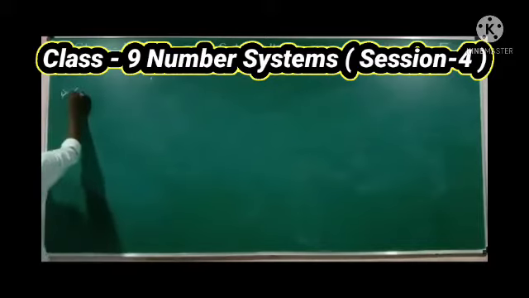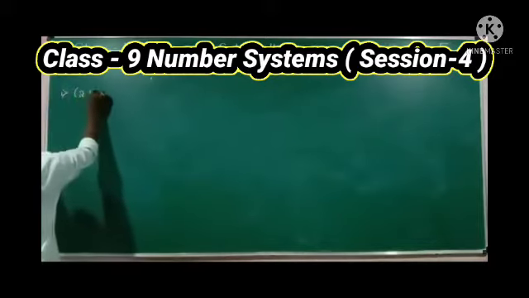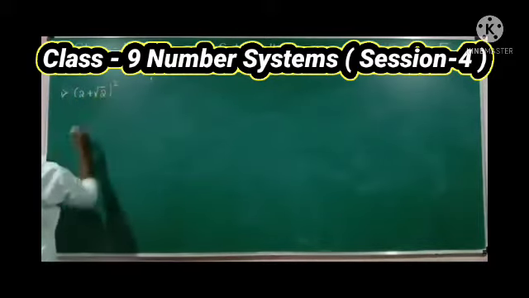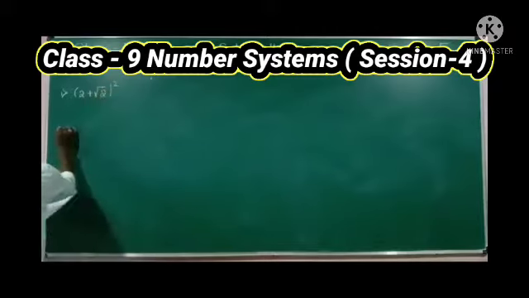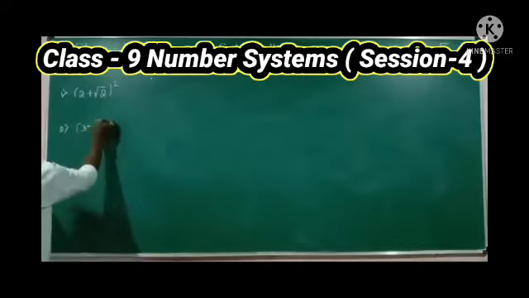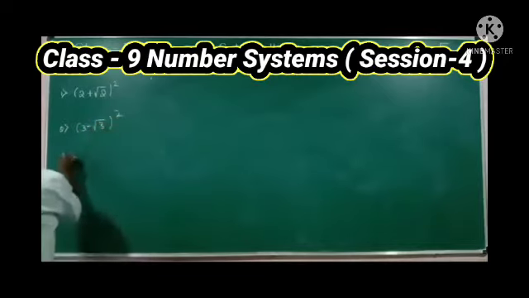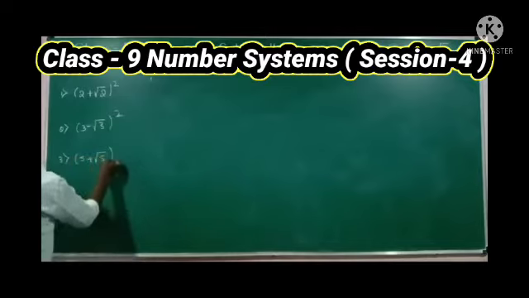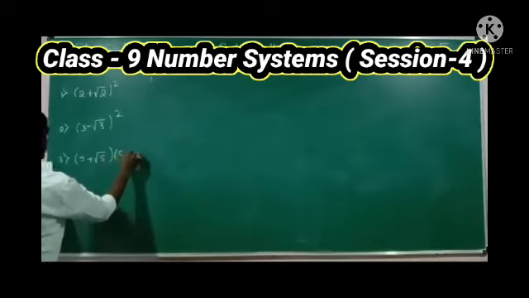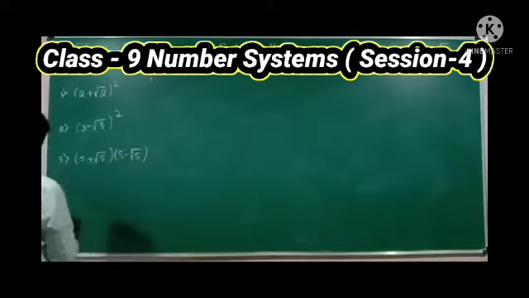First one, 2 plus root 2 whole square. Second one, 3 minus root 3 whole square. Third one, 5 plus root 5 into 5 minus root 5.